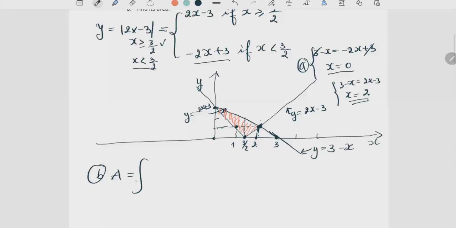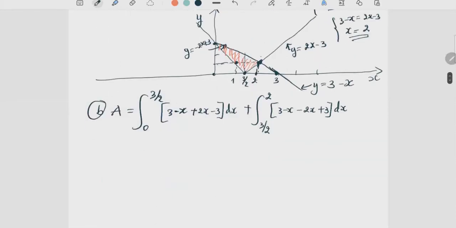In that case, we have 3 minus x greater than negative 2x plus 3, which becomes plus 2x minus 3, dx. Plus the second part, the integral from 3 over 2 up to the second point of intersection, which is 2, where we have 3 minus x greater than 2x minus 3, which is negative 2x plus 3.